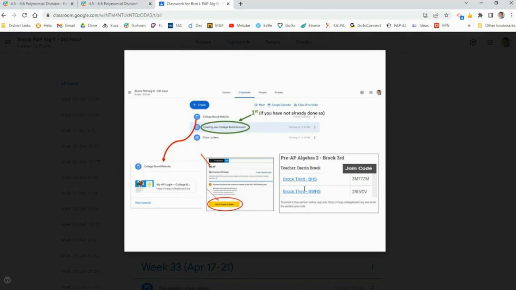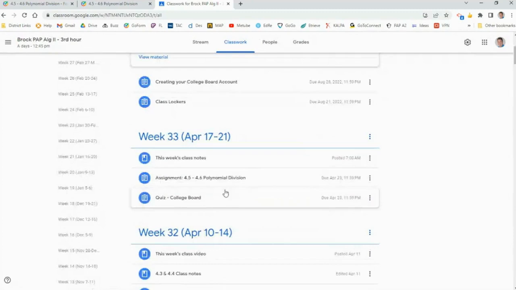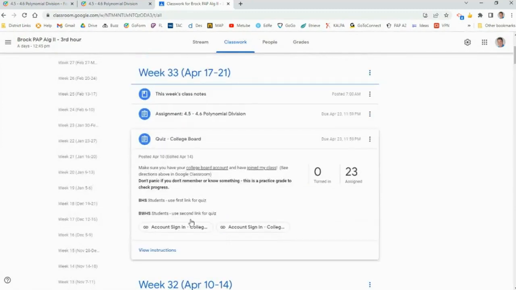So there's the join codes to make sure you're joined in my class. And then you have this College Board quiz. If you are a BHS student, here's the link to your quiz because it's in your BHS class. If you're a West student, use the second link because it's in your class. It's the same quiz, it's just divided up by class.